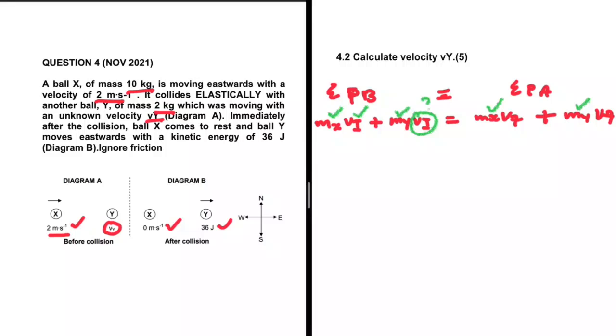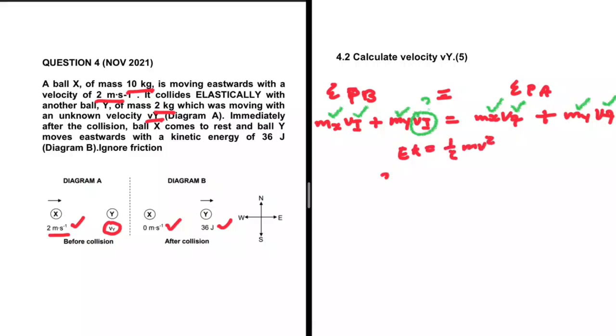And then after the collision, we have Vf for our ball X. It comes to a stop, 0 meters per second. But we don't have Vf for our ball Y after the collision. We have the kinetic energy, so we can convert that kinetic energy to velocity. Okay, we know fully well that Ek is equal to 1/2 mv squared.